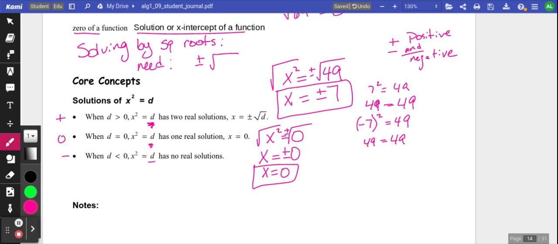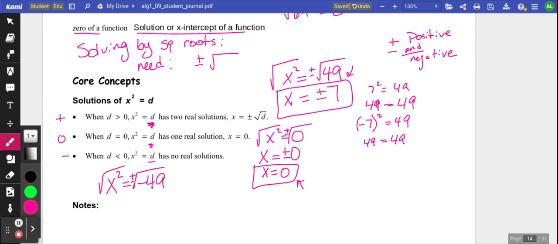Okay, so I might have two solutions right here. It's positive 7 and negative 7. I can have one solution, or I can have no real solutions at all. When I have x squared is equal to a negative number, think about for a second how square roots work. I can try to find the square root of each of these values, but try to think of two numbers that when you multiply them together, you get a negative value.